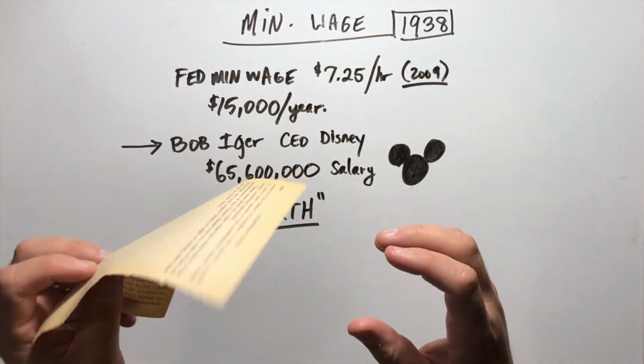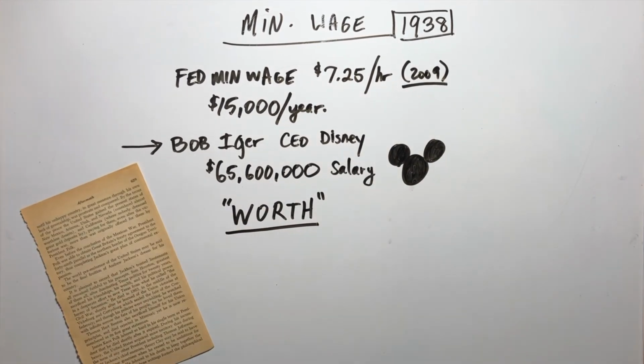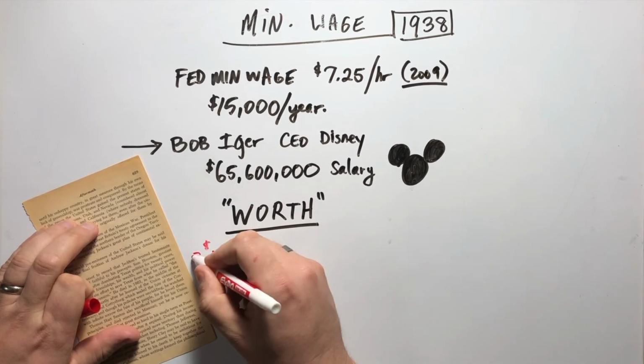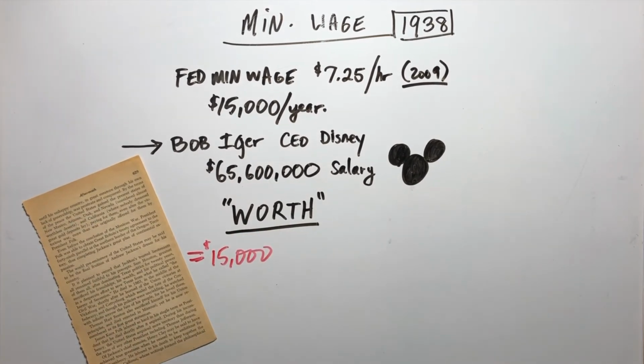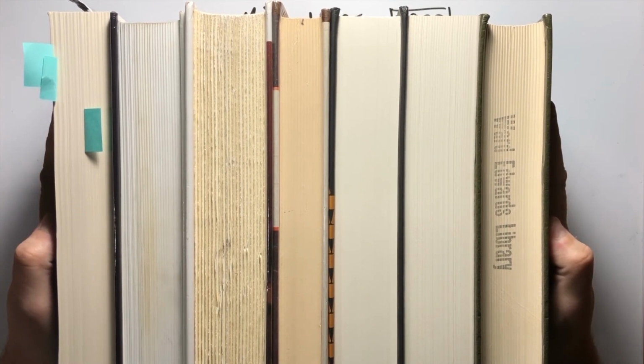But if that one page is equal to $15,000 a year, what does Bob Iger's salary look like? How many pages would we need? We would need all of the pages in these books. Now, I don't know about you, but that seems kind of crazy.